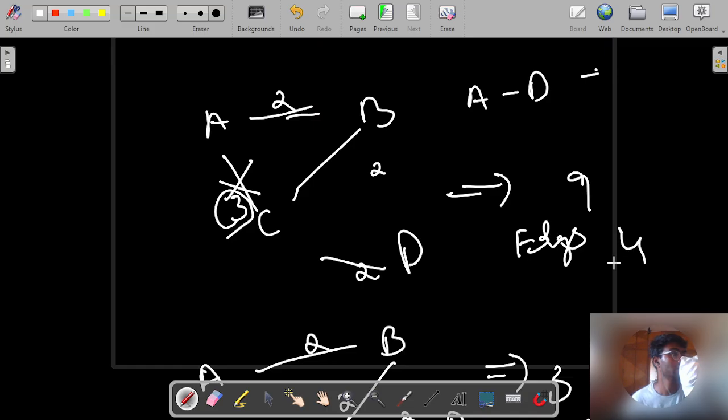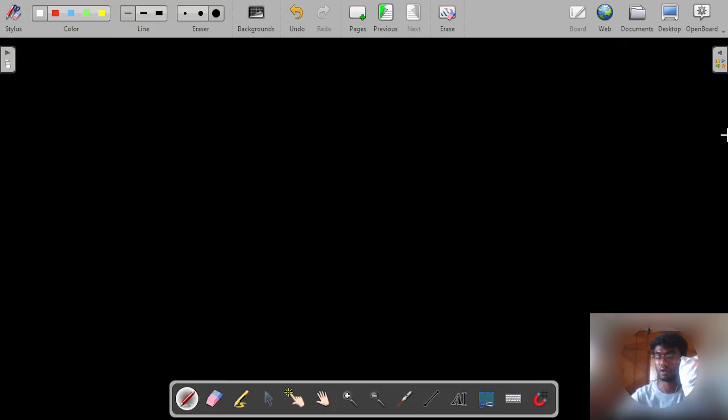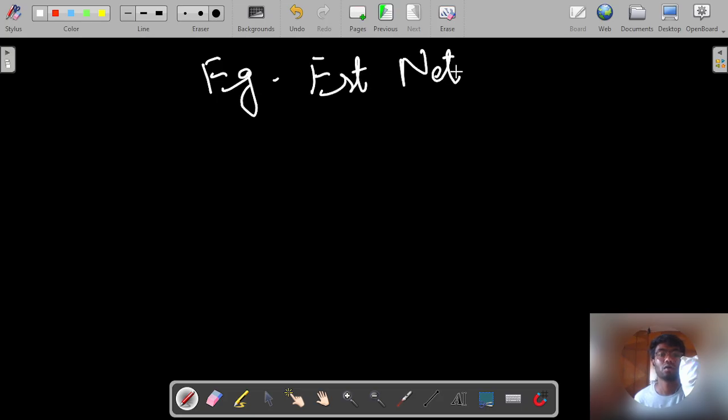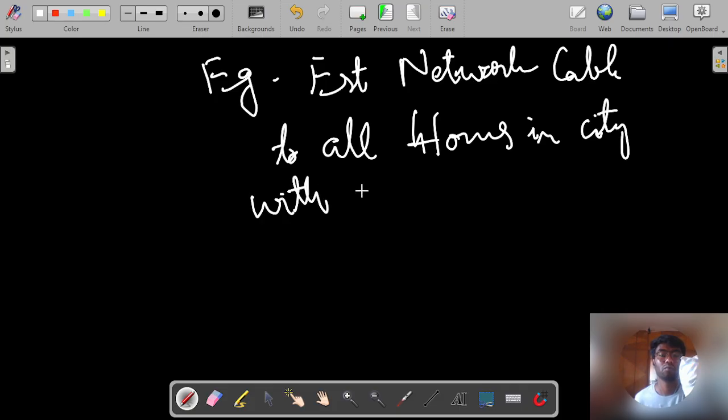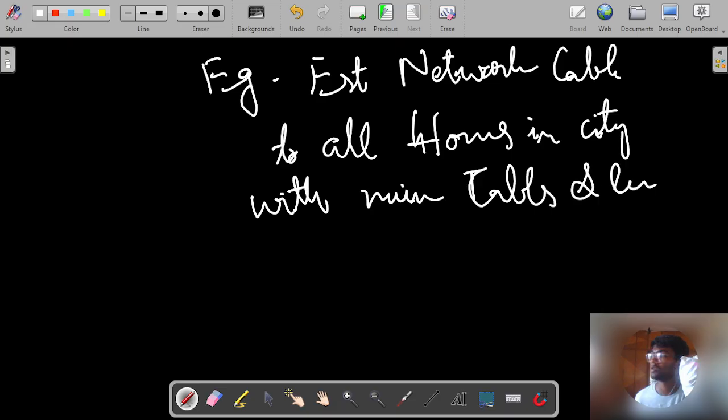So an example for MST means establishing network cable to all homes in city with minimal cables and length. So this is the example.